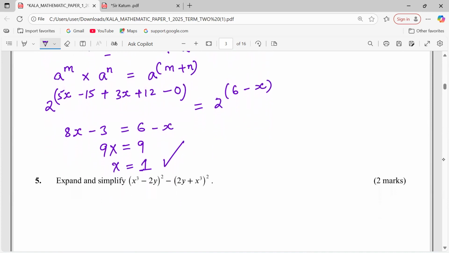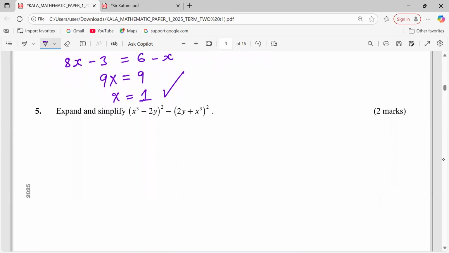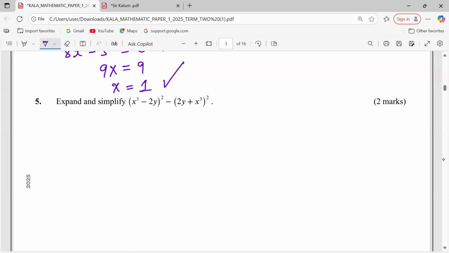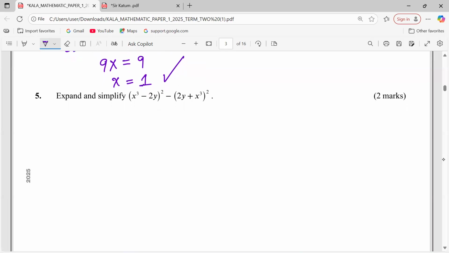Proceeding to number 5, where we are told to expand, then simplify: x power 3 minus 2y, squared, minus 2y plus x power 3, squared. So we are squaring and we are going to use the quadratic identities.